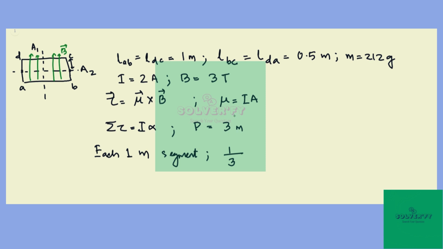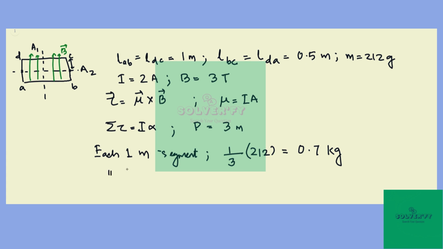This much perimeter contains this much mass, so how much mass will the 1 meter segment have? That is what we are doing right now. I have done the calculation and converted to kgs. When you do this exactly, you'll get 70 grams, which you need to convert into kilograms.